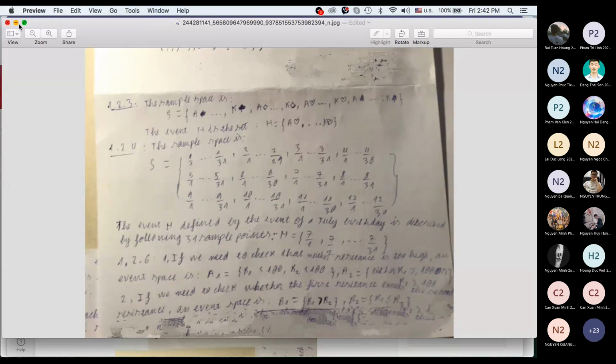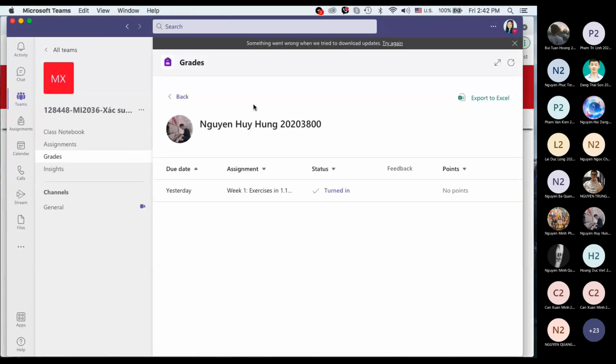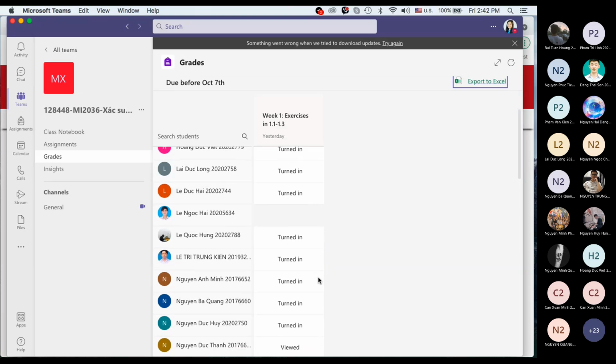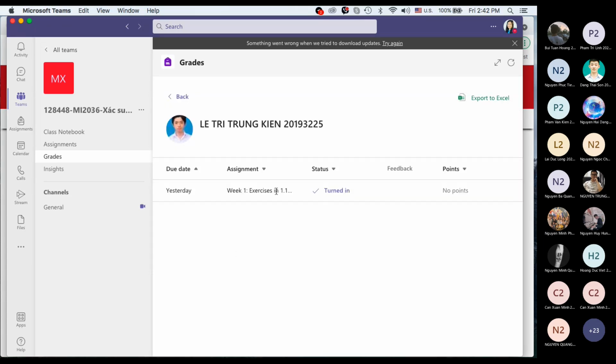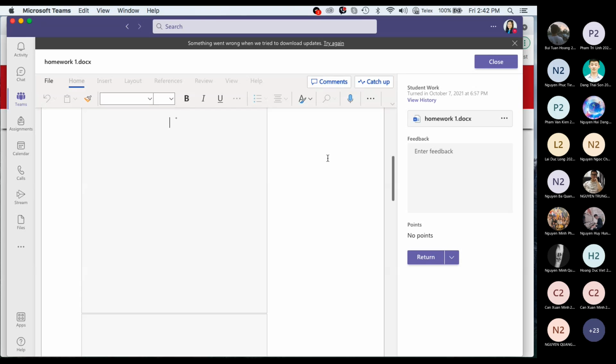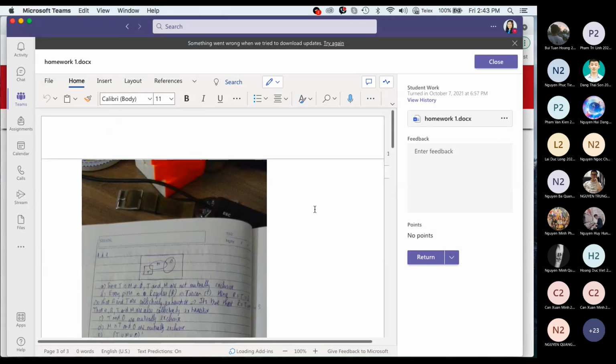Next exercise 3.6. I will check another student. Lê Trung Kiên. Oh, it's nice. Combined in one Word file. There are many ways to combine them.